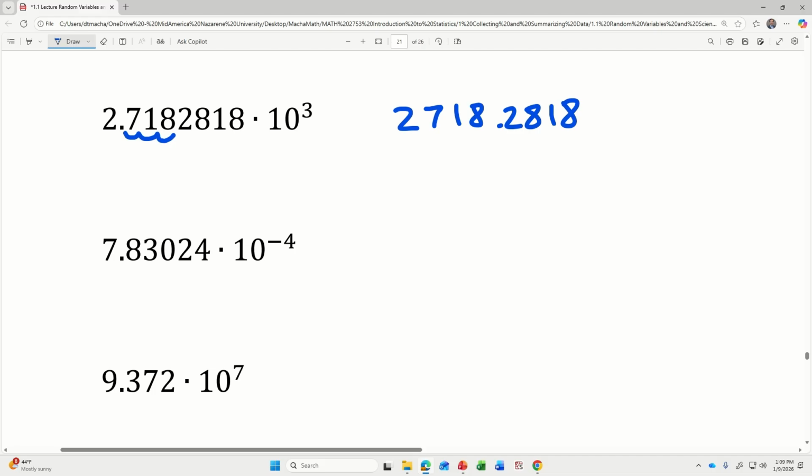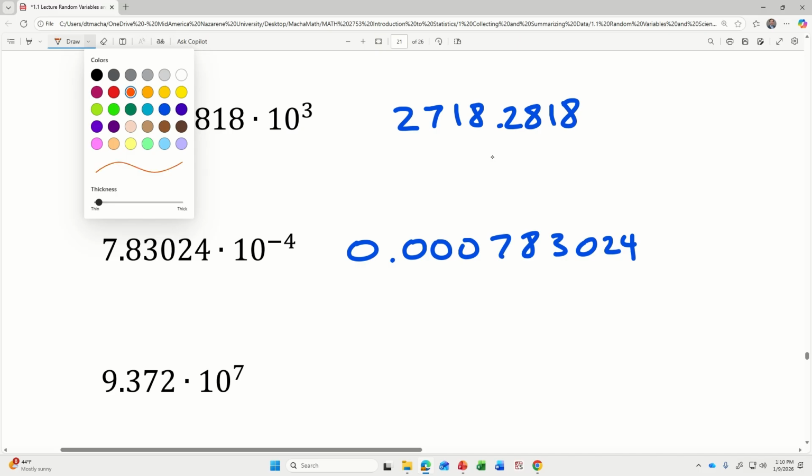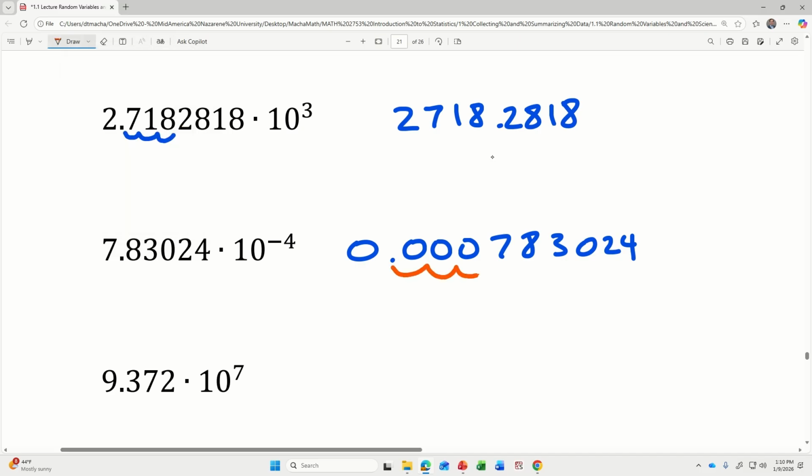If I've got 10 to the -4 power, what is this number going to be? Like 0.000783024. Perfect. Yep. Because if I wanted to recreate this in scientific notation, I go 1, 2, 3, 4. So even though this is 10 to the -4 power, there's only going to be 3 leading zeros after the decimal. It's because the decimal goes after the 7.